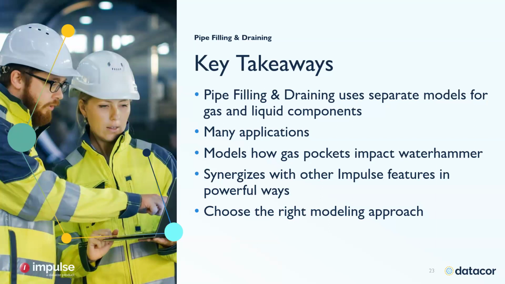This feature can be used to model how gas bubbles interact with pressure surges and forces in the system. And it interacts with other features you're familiar with, in impulse to visualize system behavior, to flag problems, and to ease comparisons between your scenarios. But be mindful of your assumptions and limitations to ensure that you're using the optimal modeling approach and that those assumptions are acceptable for your system.